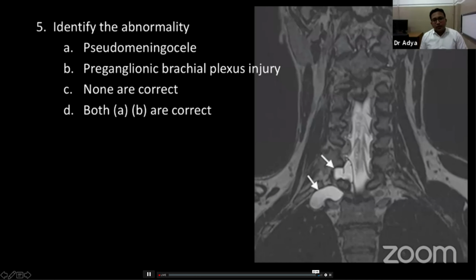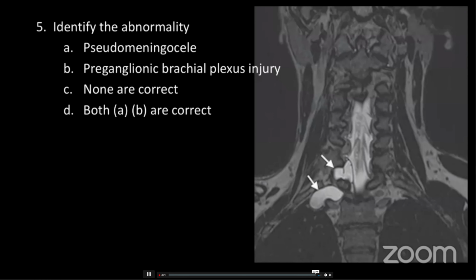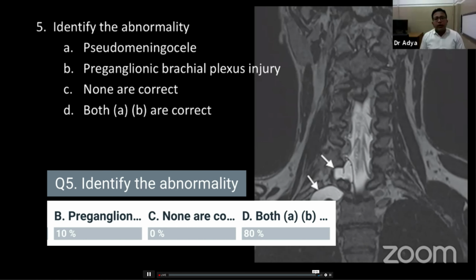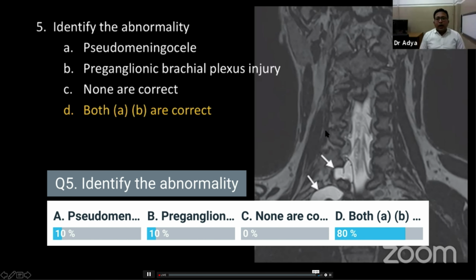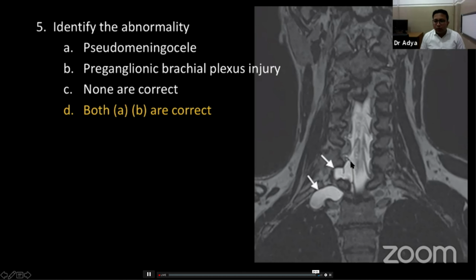D. Yes, sir, D, last option. Okay, that's the correct answer. Both A and B are correct. As I discussed, this is the structure known as the pseudomeningocele. This is a case of avulsion of the nerve root from the spinal cord, which results in accumulation of CSF within the neural foramen, known as pseudomeningocele.